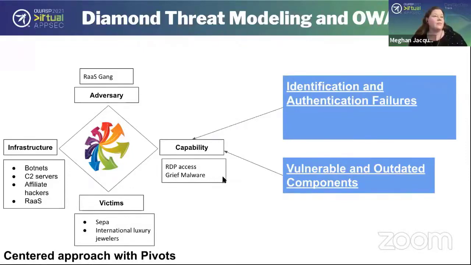And one of these victims in particular, I do recommend taking a look at the way they approach this. Another thing with this centered approach, for looking at trend analysis, is other factors of commonality. So SEPA, the Scottish EPA, was attacked at a holiday.